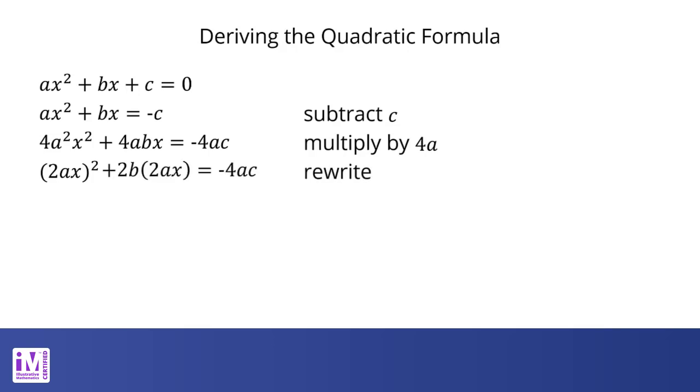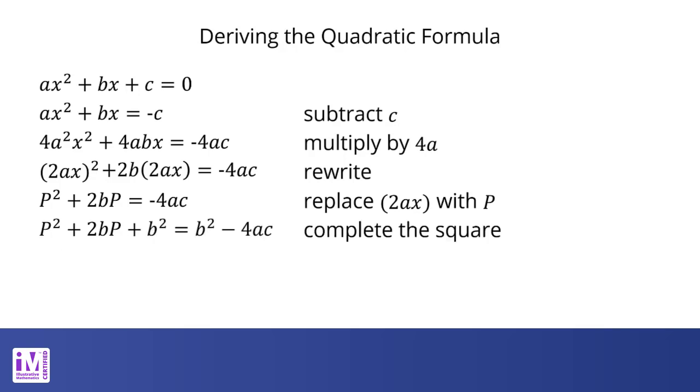Let's replace 2ax with the letter p. This helps us see how to complete the square. b squared is the constant term that completes the square, so let's add b squared to each side. The left side is now a perfect square and can be written as a squared factor.